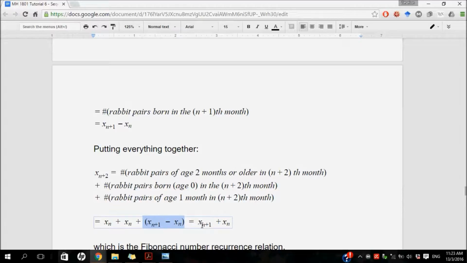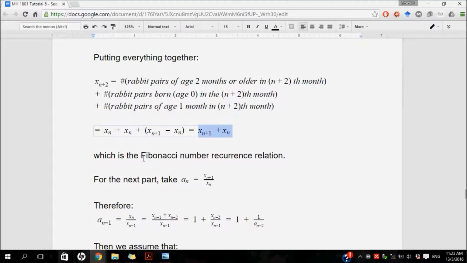Computing this allows us to get xn plus 1 plus xn, which is the Fibonacci number recurrence relation. For the term that we are interested in, it equals the sum of the previous two terms in our sequence. That is the defining feature of the Fibonacci number recurrence relation. And so we have solved this part.